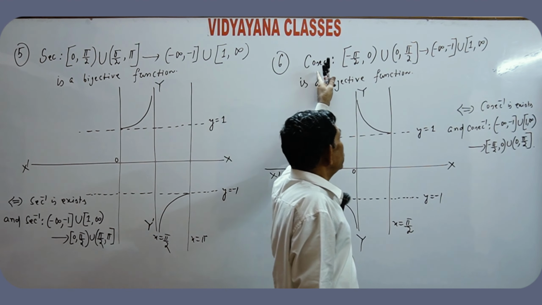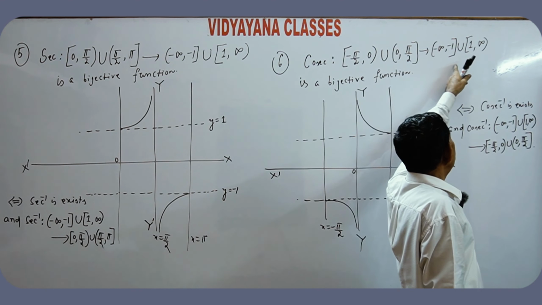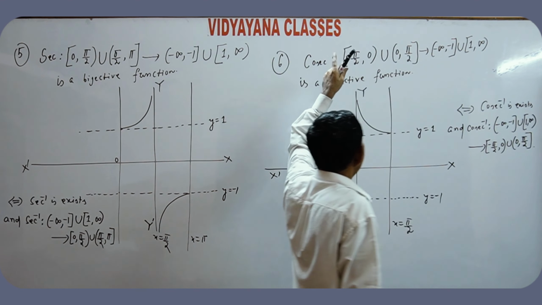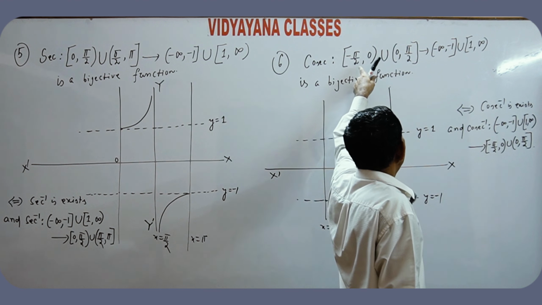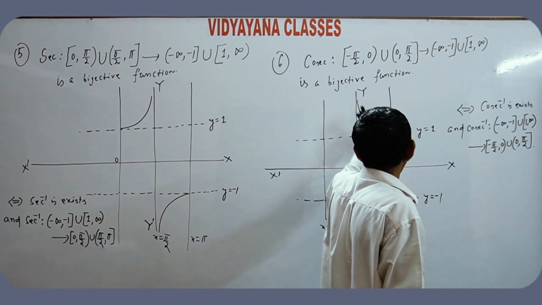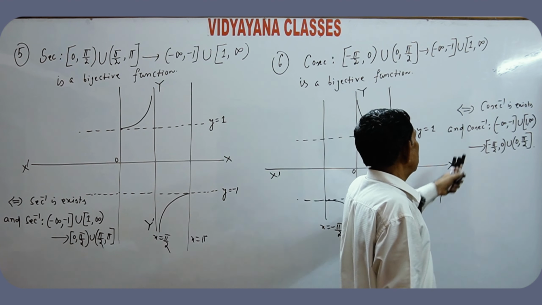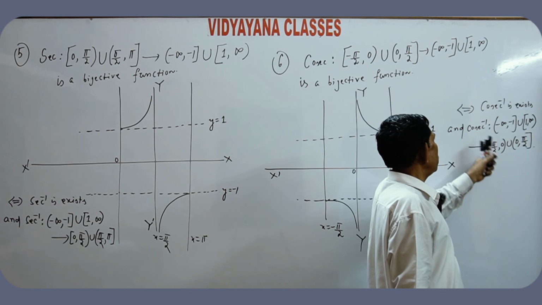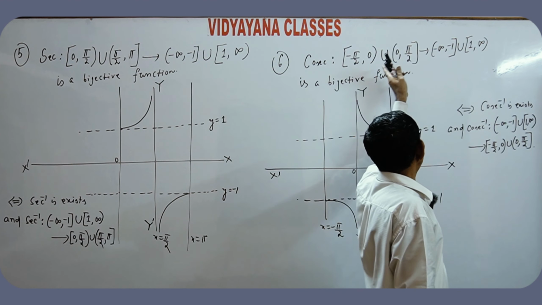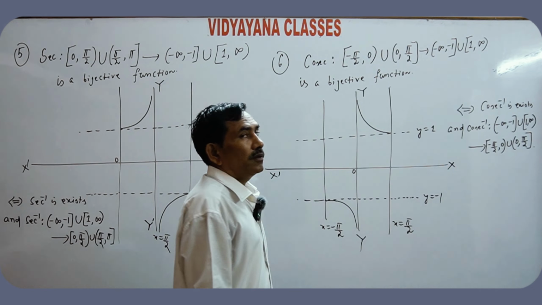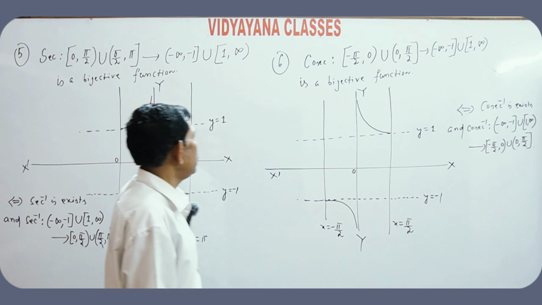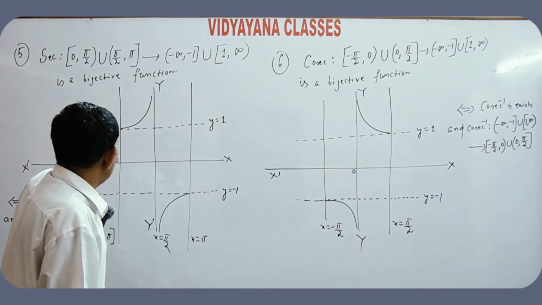The cosec function is defined from this set to this set. Since it is bijective in the given domain, its inverse exists. The inverse of cosec is defined from this set to this set. Clear?